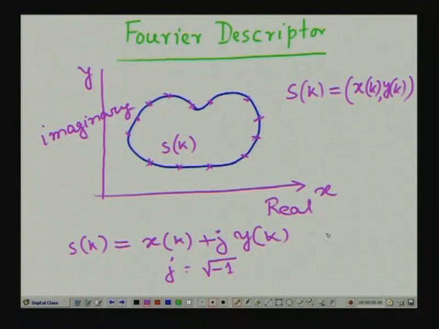Suppose we have a total of capital N points on this boundary. In this case, k will vary from 0 to capital N minus 1. So, I have N complex numbers taken in a particular sequence which represents our boundary.